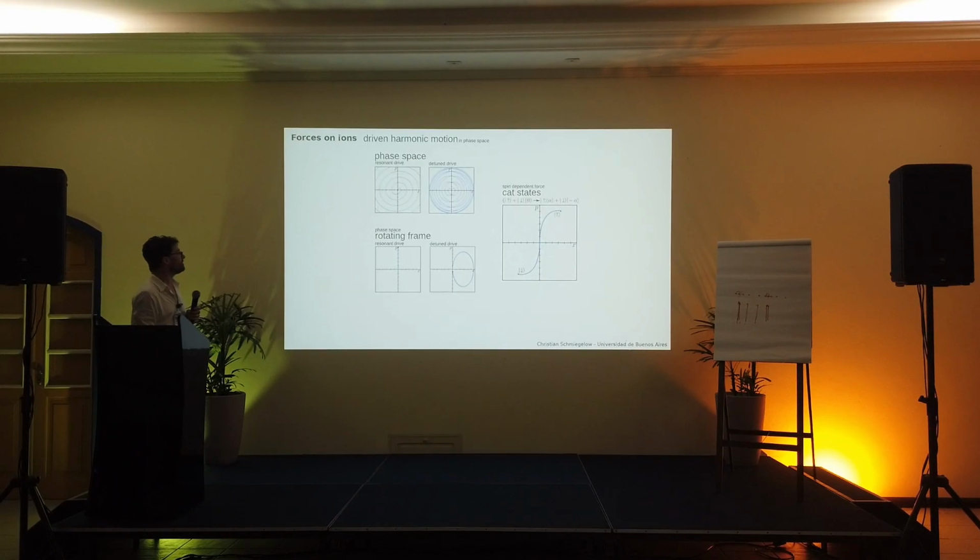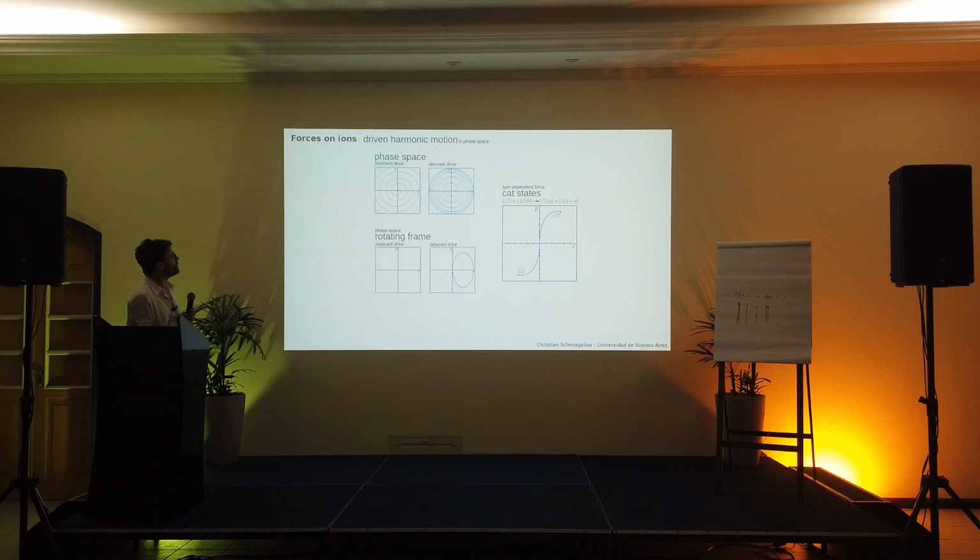And if you look at what happens in phase space, you have the x-coordinate and the p-coordinate. If you have a resonant drive, you will start to acquire more amplitude and you will oscillate. But if you are a little bit detuned, you will acquire more amplitude, and at some point your phase will shift and you will come back here.